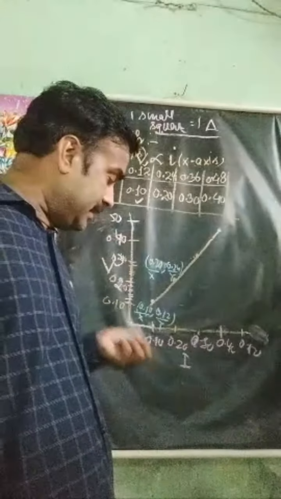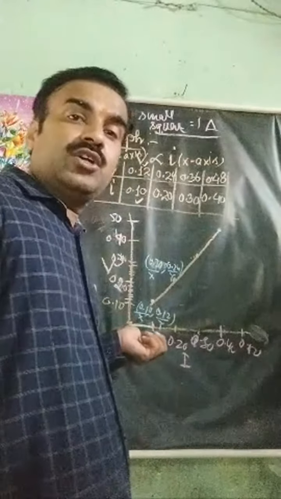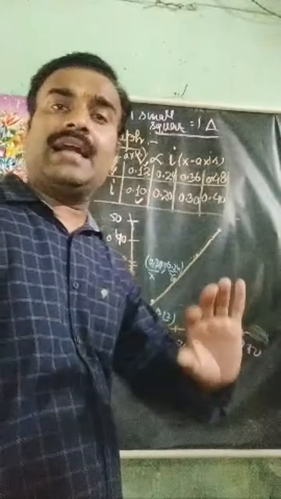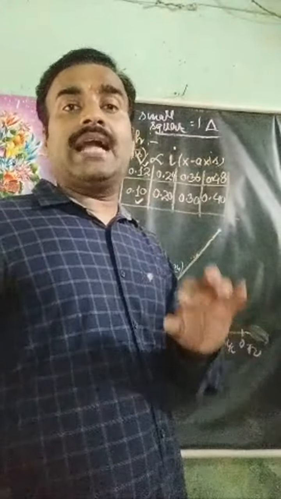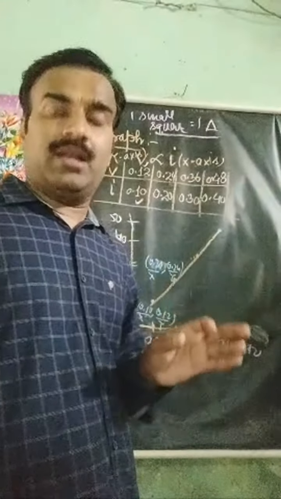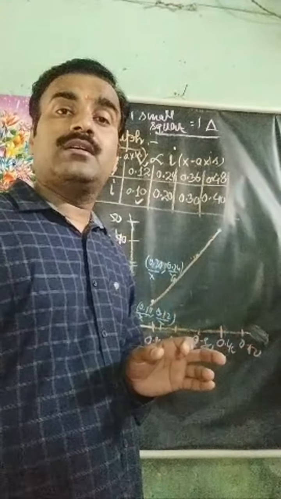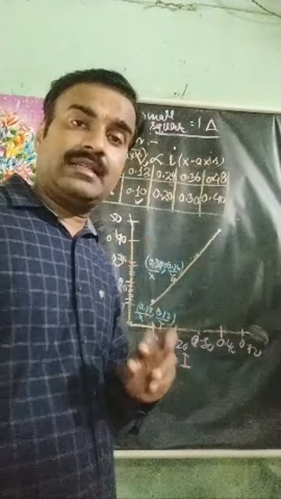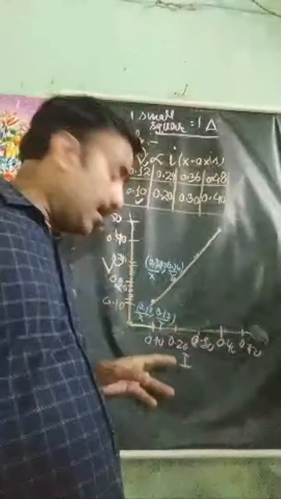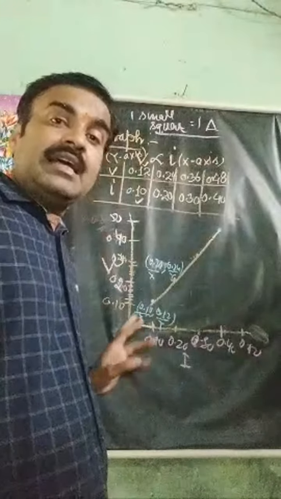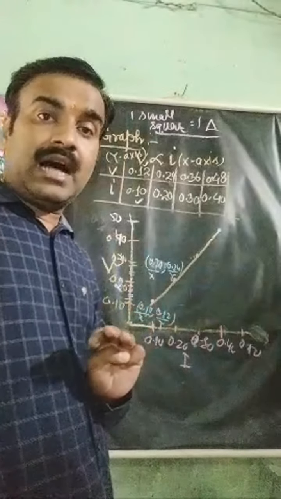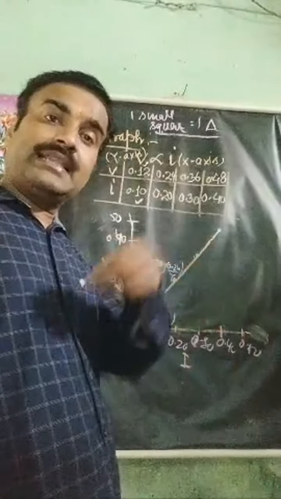You can also start from 0.10 or 0.20 or 0.30, according to the need of the question, according to the need of the physical variable. It is not compulsory, again I am telling this thing, it is not compulsory that you have to start from the origin. According to the question you can start taking the readings.